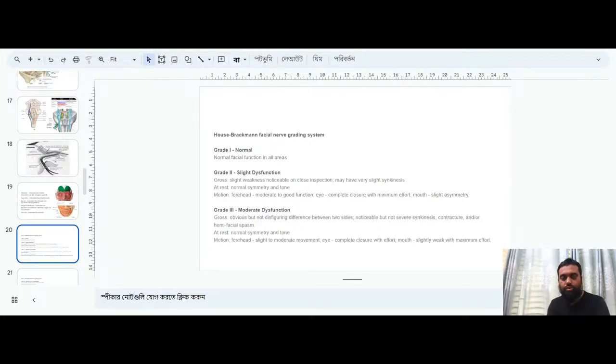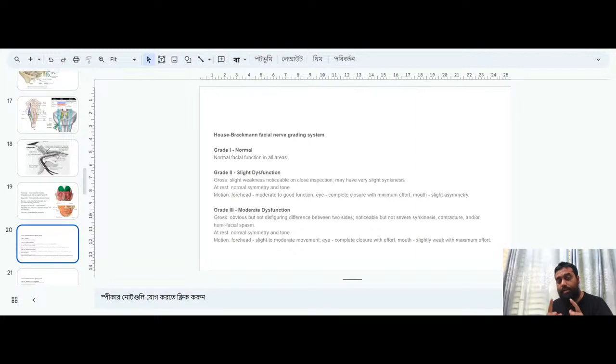House is a very prominent otologist, and Brackmann is also another otologist. They proposed this grading system in 1985, for facial nerve weakness or facial nerve palsy.